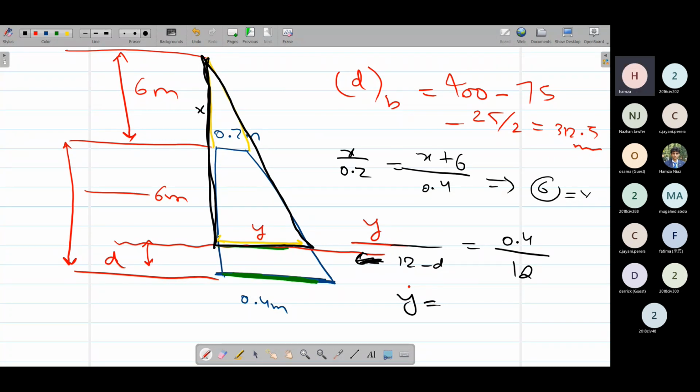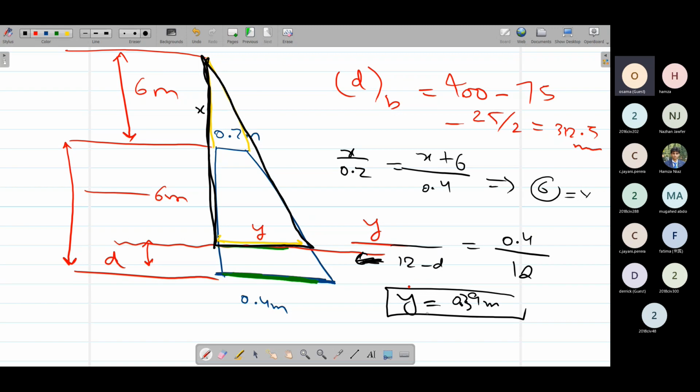So our y value would come around 0.39 meters, almost 390 millimeters. So at the critical section, our depth, when you are comparing, you are saying y over 12 minus d.